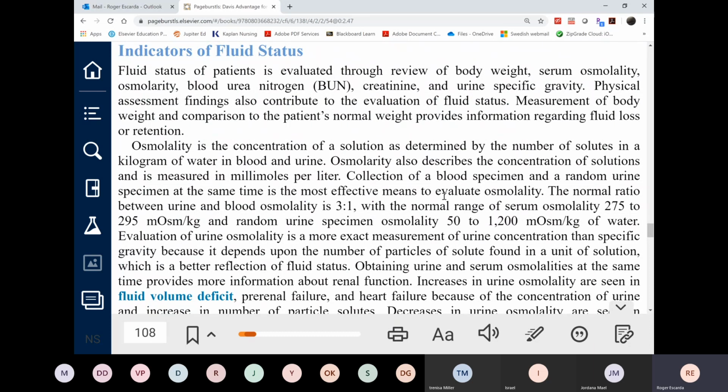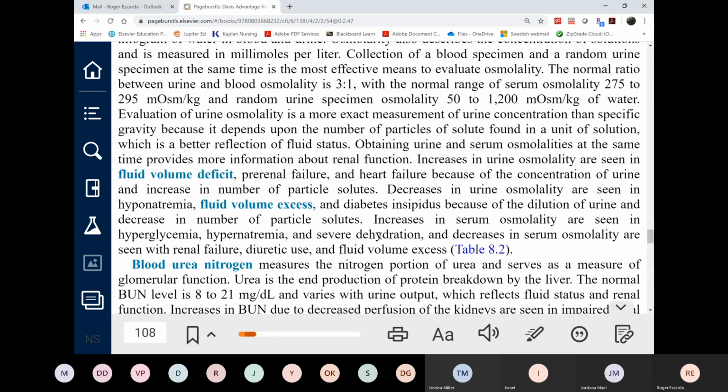Whether it's a heart problem, a kidney problem, an endocrine problem, if it involves fluid imbalances, you are looking at the same indicators, which will tell you whether or not the patient is in fluid deficit or in fluid overload. Are you with me so far?